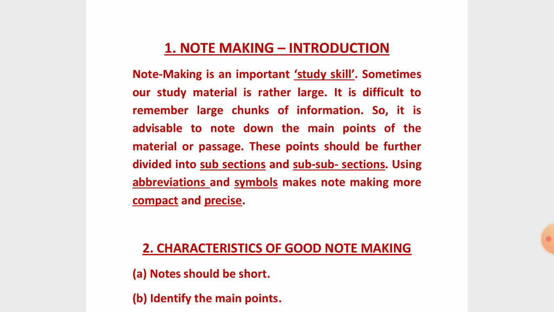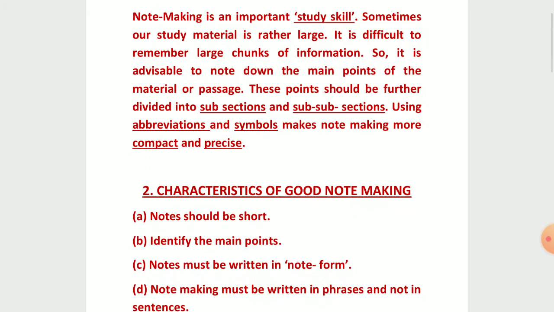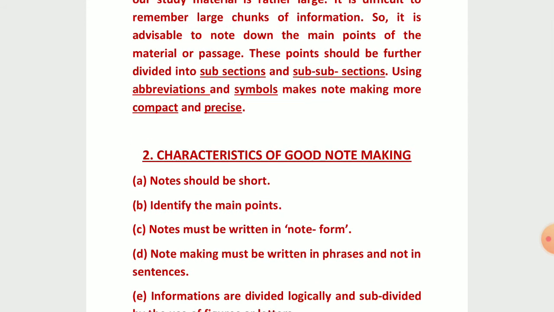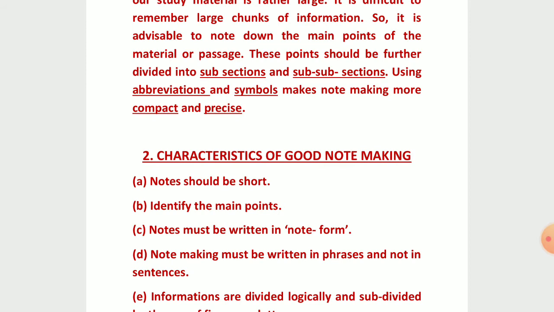These points can be further divided into subsections, which can also be known as supporting points. That means there is a further breakup in that. The subpoints can be further divided into subsections or subpoints.